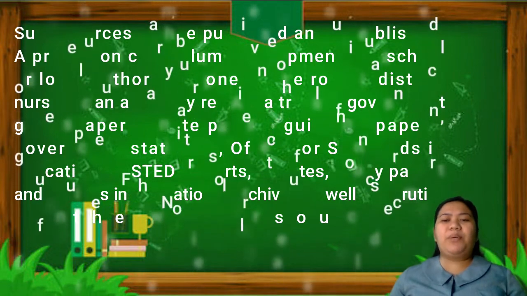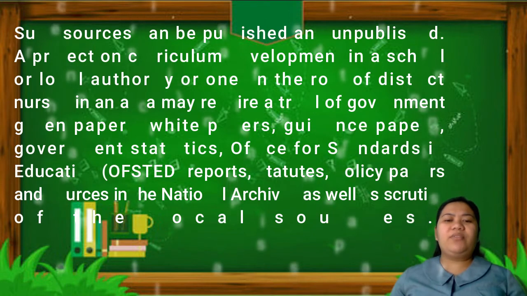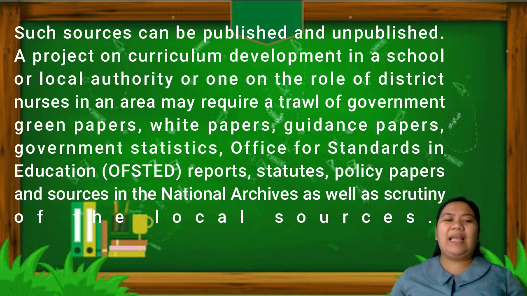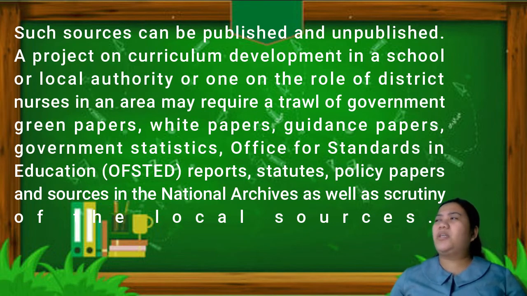A project on curriculum development in a school or local authority, or one on the role of district nurses in an area, may require a range of government green papers, white papers, guidance papers, government statistics, Office for Standards in Education reports, surveys, questionnaires, even simple records such as those on the prefect, minor and major offenses.